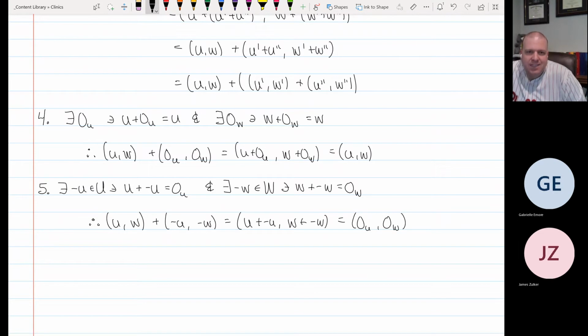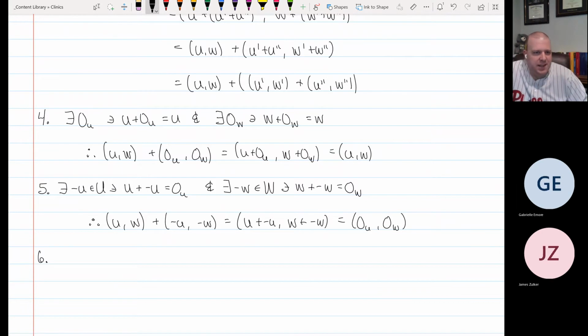Well, that then means if we add them together, we'll get U plus negative U, comma, W plus negative W. Clearly, we get the additive identity. That takes care of the addition axioms, right?